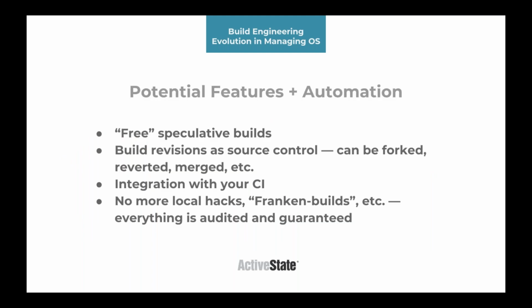Some of the other benefits of having an automated system is that you get a few features for free, or things that weren't possible before. We say things like free speculative builds.